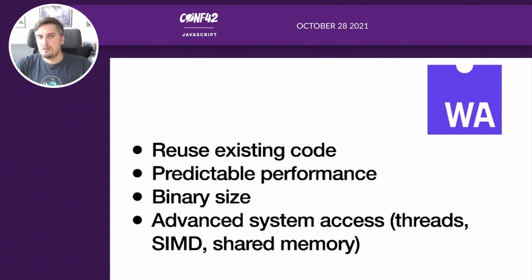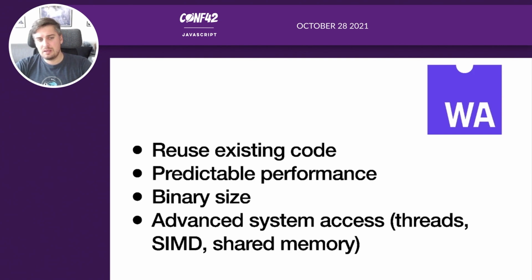Whereas with the WebAssembly module, because of the static typing and the way you create a WebAssembly module, your performance is always going to be the same. There are not going to be varying levels of performance based on how your entire application is written. So the performance and the binary size of the WebAssembly module are always going to be the same. It's a given, it's not going to change.